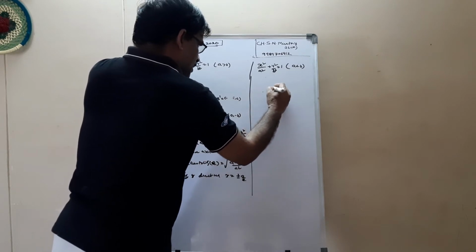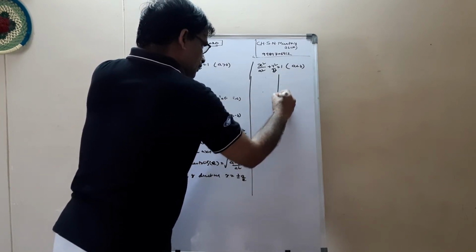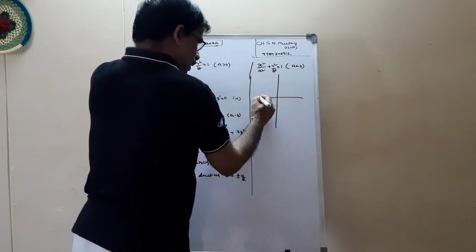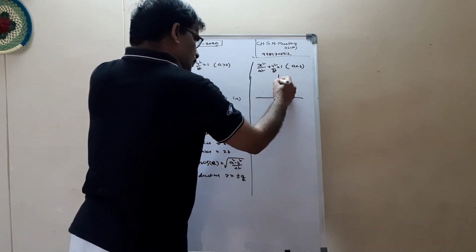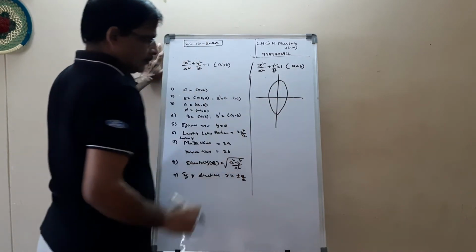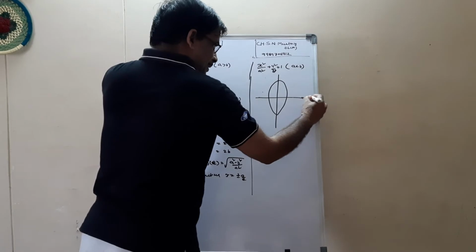See, what is the diagram? One by one you see. I will draw this diagram here. The shape of the diagram is like this.